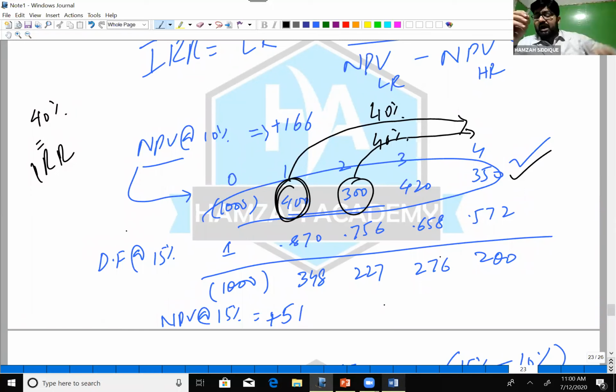Same. And you know that sometimes it happens if a project has a very good return, abnormal return, you may not find a similar project with similar returns where you can invest your surplus cash. We are getting the surplus cash of the project. We may not find some other opportunity to invest this cash at the same rate of return if IRR is too high.